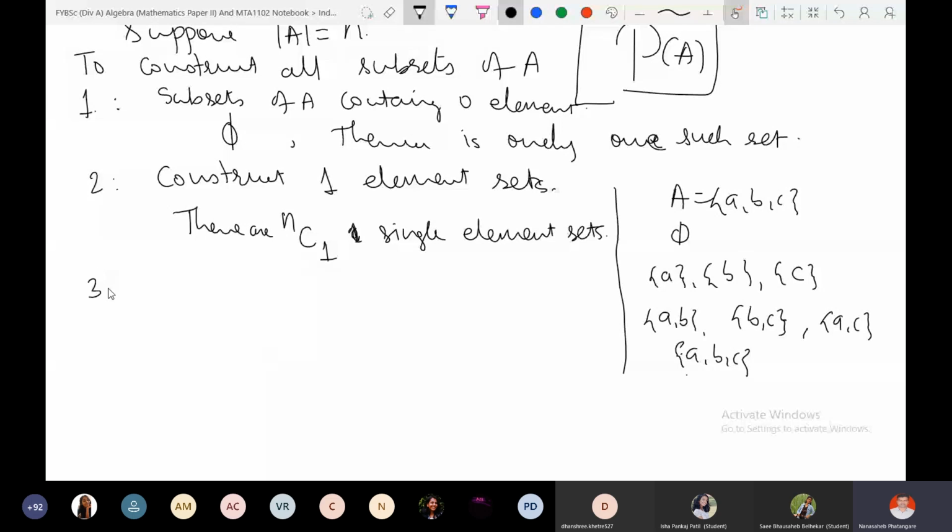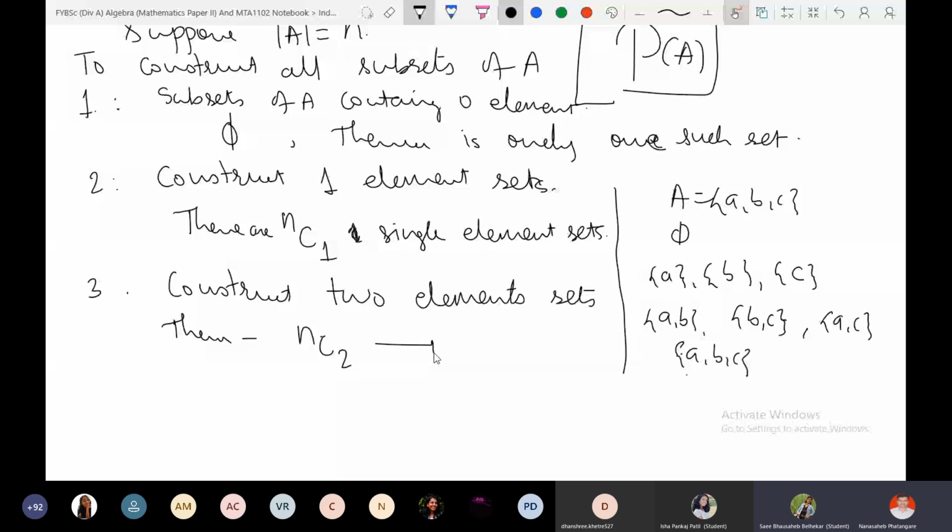Fine. Then what is the next step? Construct the two element sets. And how many ways can we construct them? There are n into n minus 1, so n choose 2 two element sets. So continue with this process.